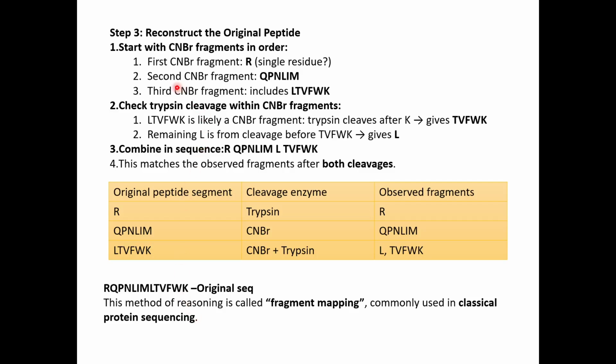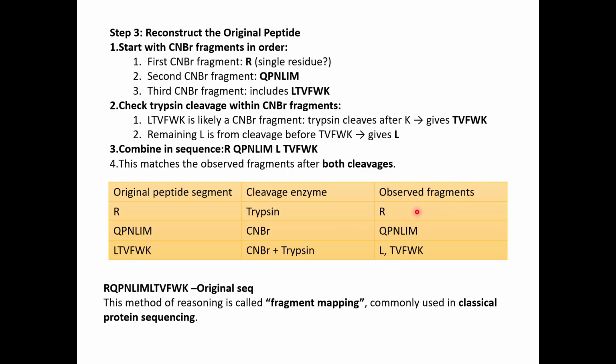Then we have to use these sequences and fragments to reconstruct it. To begin with, the first cyanogen fragment has R, and then the second cyanogen fragment has the methionine left here, and then the third fragment has the LTVFWK. Then we use all these to combine the matches. The original peptide sequences are where trypsin was used to cleave.